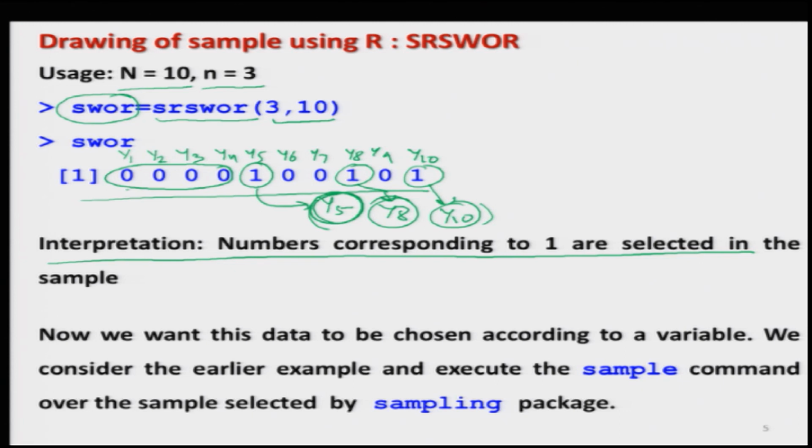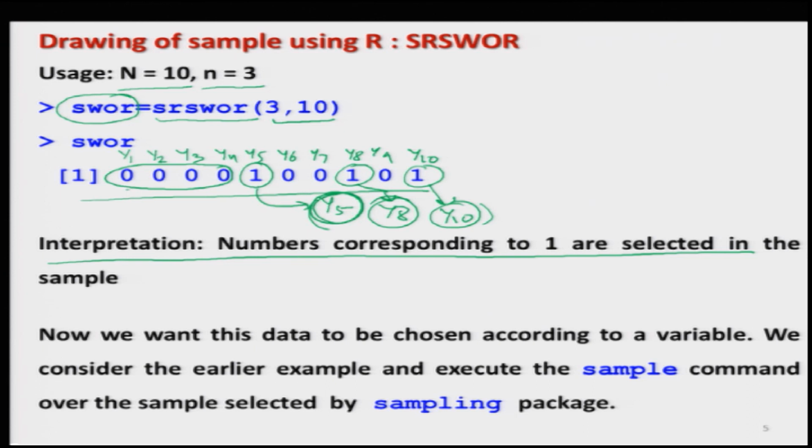Now if you remember in the earlier lecture, I had taken an example, and I was trying to choose the values of students or their heights based on those variables. I would try to do the same thing with the package sampling.